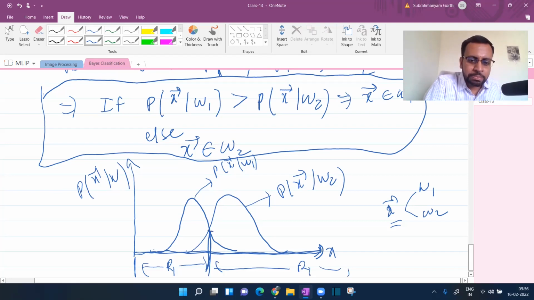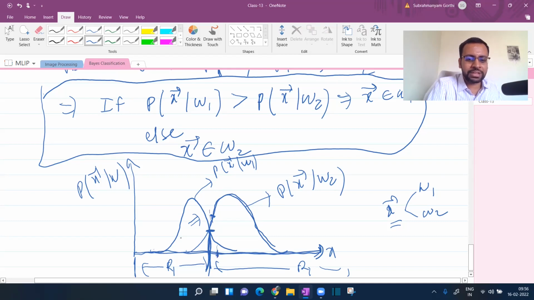Notice here, beyond this point of intersection, which probability is more? The probability of omega 2. Before this point, the probability of omega 1 is more. Beyond this point, the probability of x bar given omega 2, the likelihood of the second class, is more compared to the other one. You could see here, if I assign an x bar here to this class, that's fine, it has more probability.